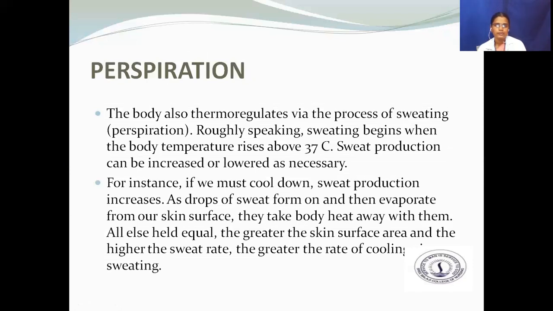Roughly speaking, sweating begins when the body temperature rises above 37 degrees Celsius. Sweat production can be increased or lowered as necessary. According to environmental changes, we are excreting sweat. If body temperature goes above 37 degrees Celsius, automatically we start sweating.